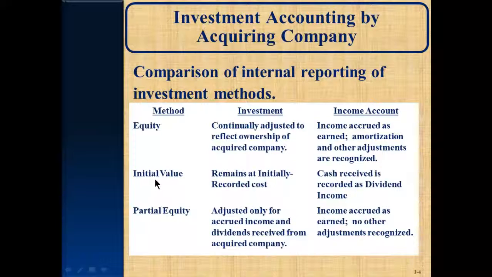So you'll know that's what's happening when three years down the line you still have that same value. Then you just continue to use the initial value method, like most of the other people in the United States. And then partial equity is the hybrid.